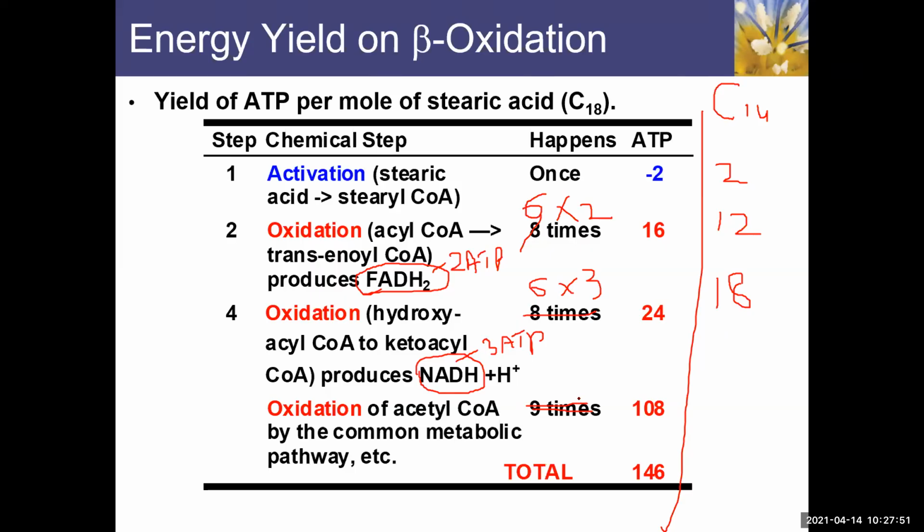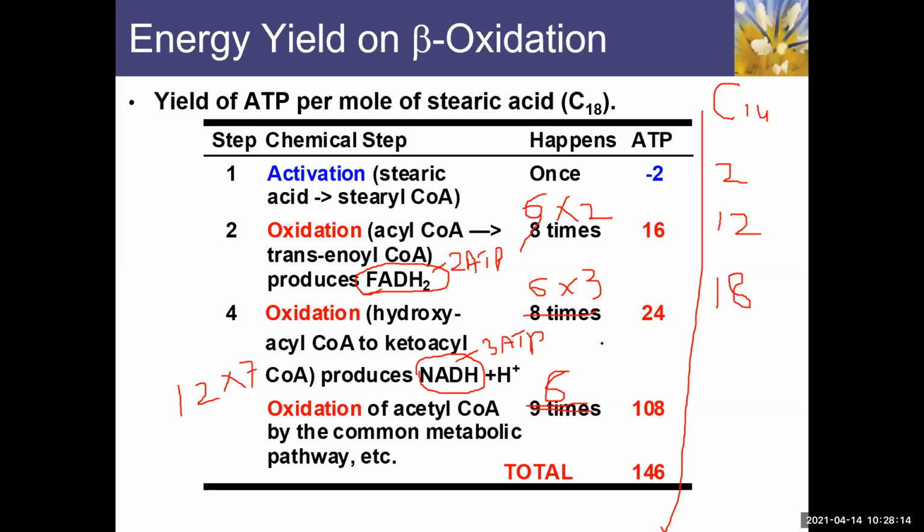So I have 6 cycles here again, right? So I know that when my acetyl-CoA enters into the TCA cycle, it produces 12 ATPs, isn't it? So 12 multiplied by how many acetyl-CoAs I have? 7 acetyl-CoAs, right?